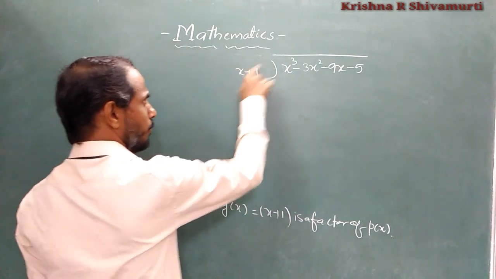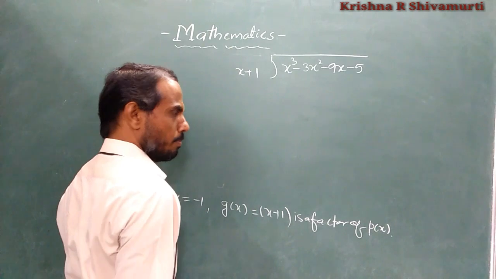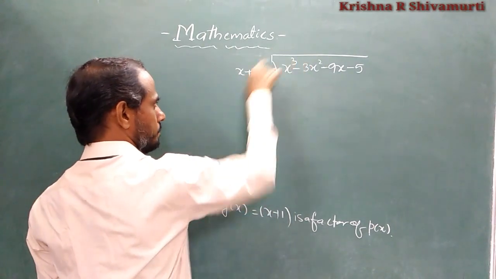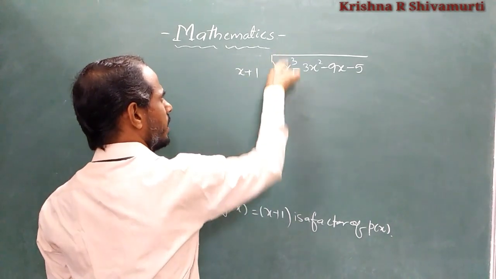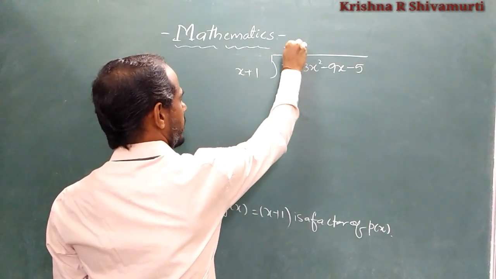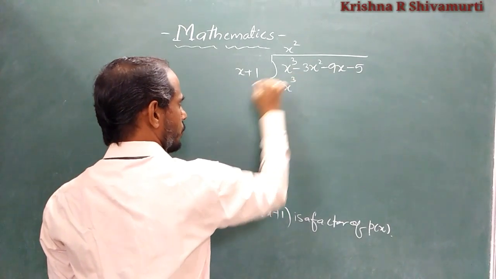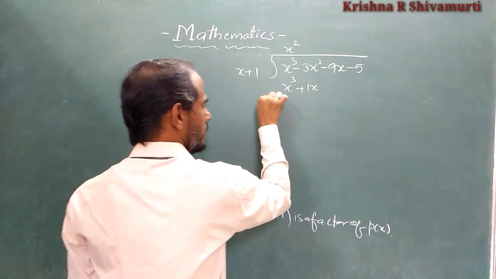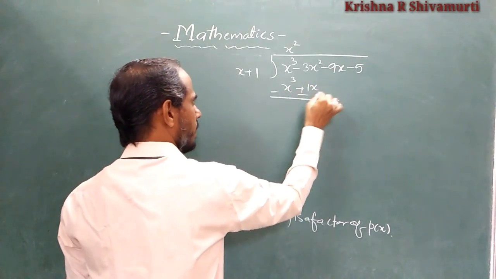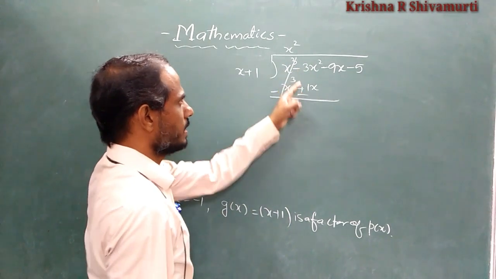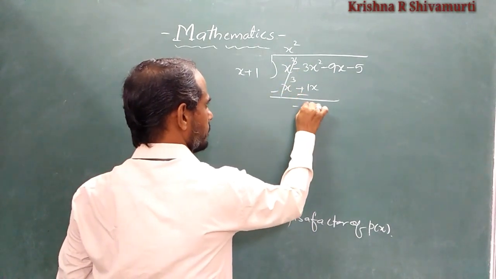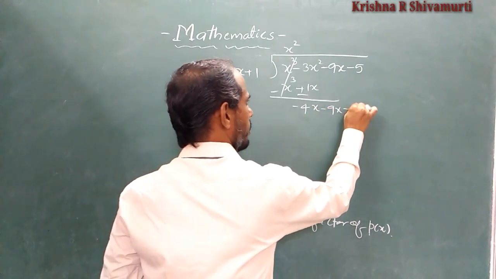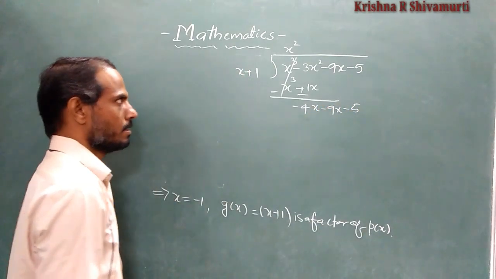See, what do we have to multiply? Last problem I explained how to find the quotient. x into what is x cube? x into x square is x cube. 1 into x square is plus 1x square. Change the sign, cancel it. Minus 3x minus 1x is minus 4x, then minus 9x minus 5 as it is.